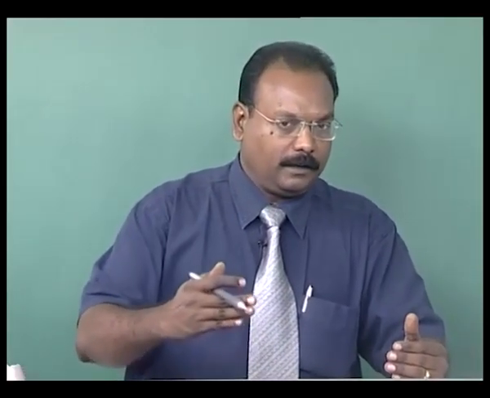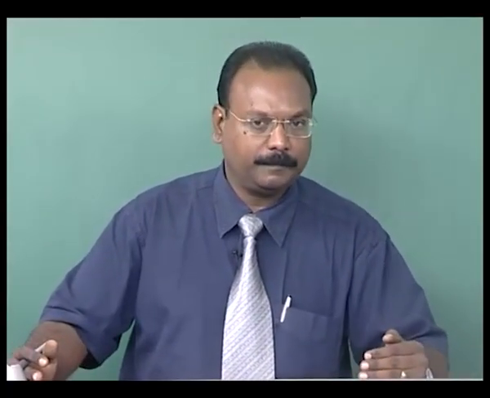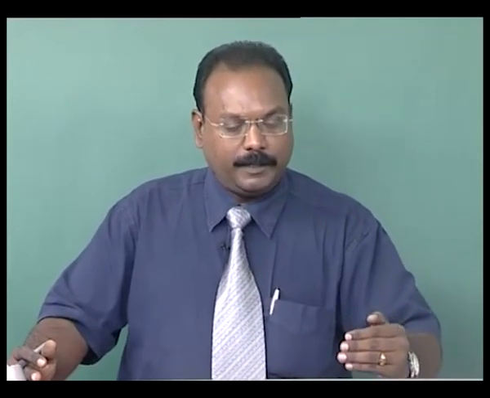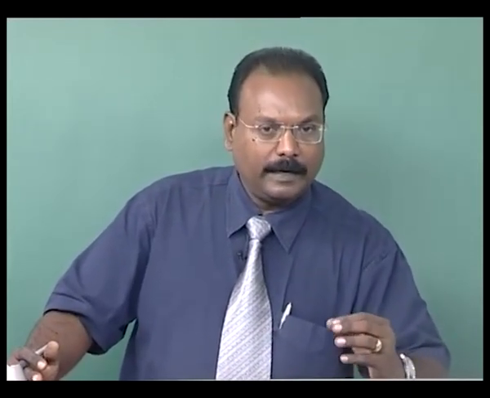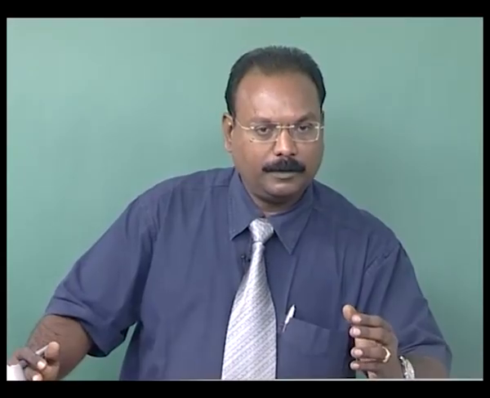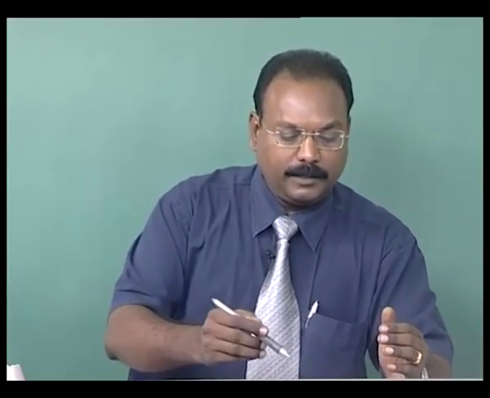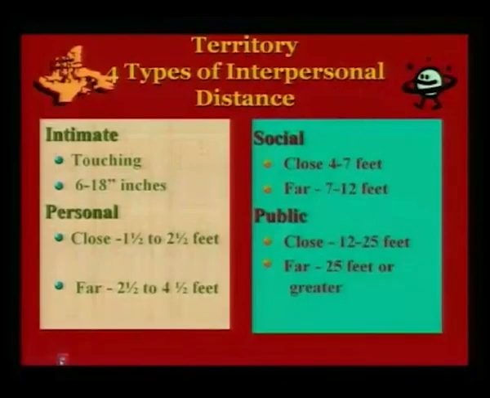We can understand this by the way people who have done a lot of research on territory have divided it. They have divided this into four aspects, four types. We can call them types of interpersonal distance. So they talk about intimate, personal, social, and public space.